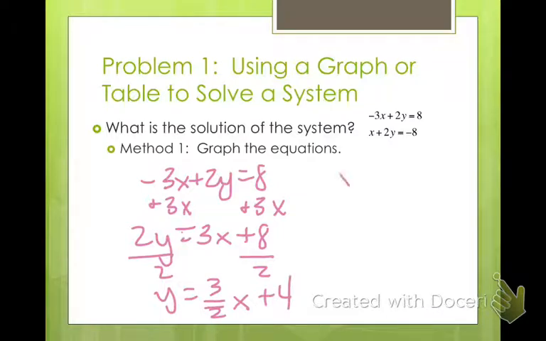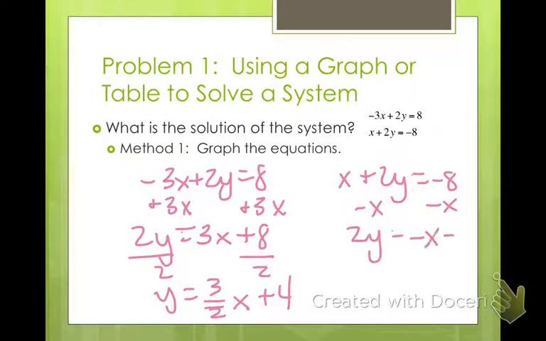And then the other one, x plus 2y equals negative 8. Subtract x, 2y equals negative x minus 8, y equals negative 1/2 x minus 4. And then we're going to put this one into our y1, and we're going to put this one into our y2, and see what happens.